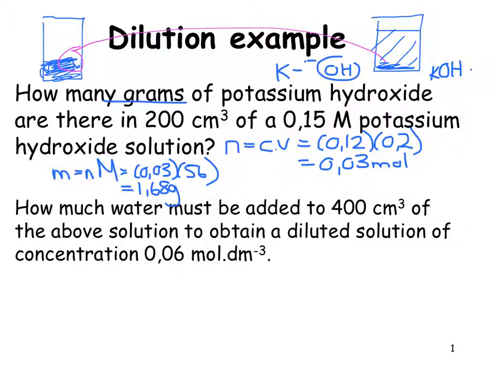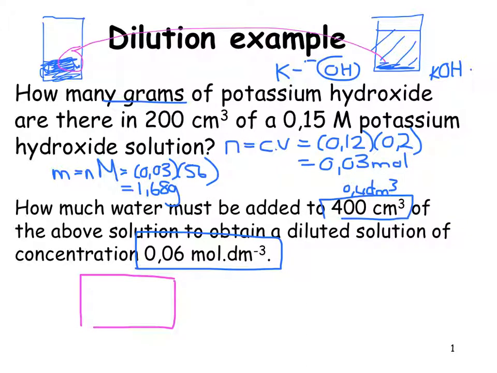The next one is how much water needs to be added to 400 centimeters cubed, so that's 0,4 decimeters cubed, of the above solution in order to obtain a diluted solution of that concentration over there. So the first thing I do is I work out how many moles I have got in the solution. I'm going to draw two different containers. This is my first container, and this is my second container.